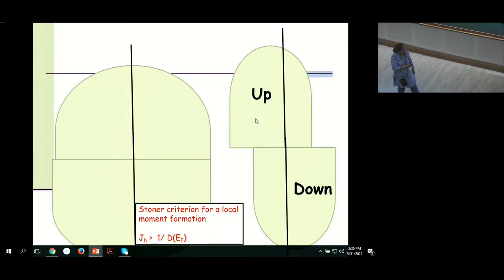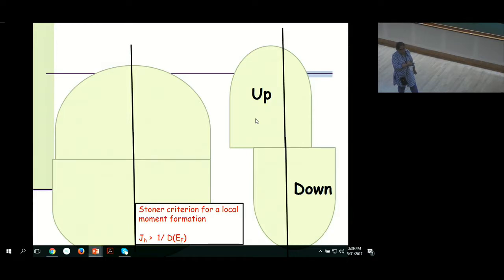In a perturbative scheme, you can show that the intra-atomic exchange interaction strength should be greater than 1 divided by the density of states at the Fermi level, assuming a constant density of states. That means that if you have wider band materials, you have something which contributes less at the Fermi level, so you would require a much larger Hund's exchange to sustain a local magnetic moment.